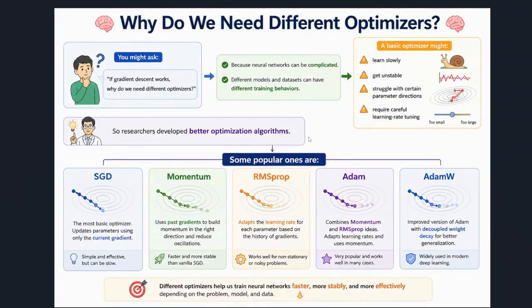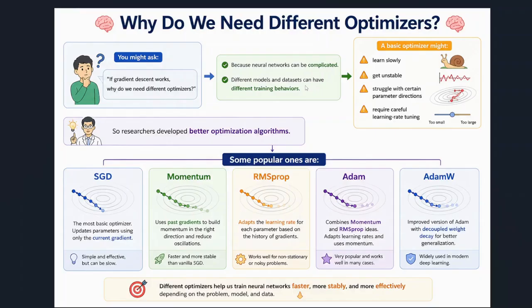Now, why do we need different optimizers? You might ask, if gradient descent works, why do we need different optimizers? Because neural networks can be complicated. Different models and datasets can have different training behaviors, right?